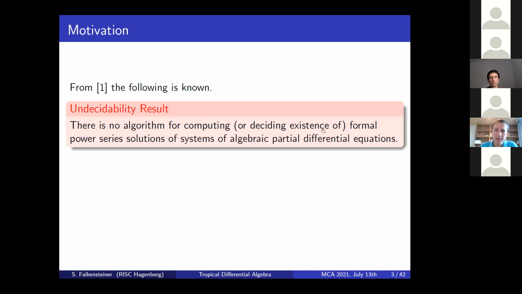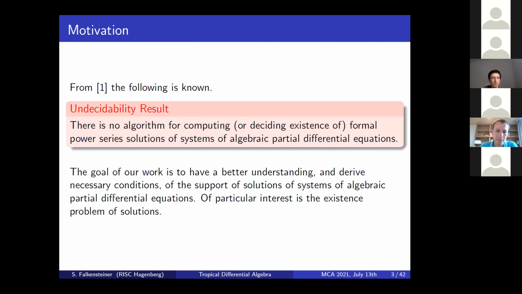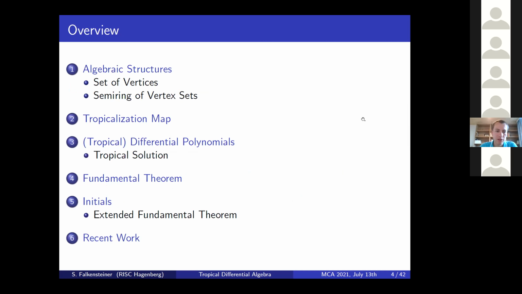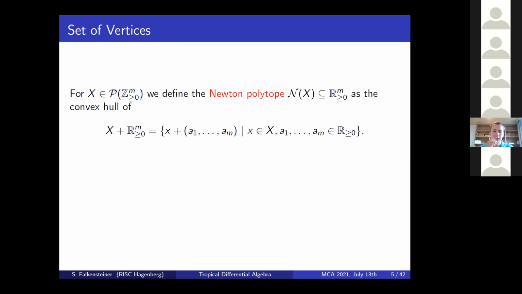So already the existence of such solutions cannot be decided. And the goal of the whole work was to have a better understanding and derive necessary conditions on the support of solutions. Here is a short overview of my talk, but I will just jump into the talk.